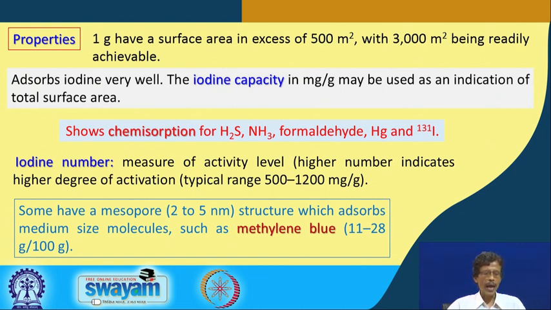So, some have a mesopore structure, and the pore size is also important, which is from 2 to 5 nanometer. If the activated carbon has a mesoporous structure throughout the entire material, with size of 2 to 5 nanometer, it can be used for adsorption of molecules of not very big size.